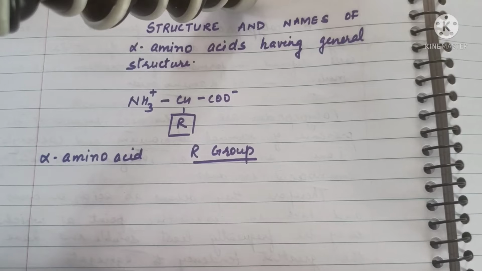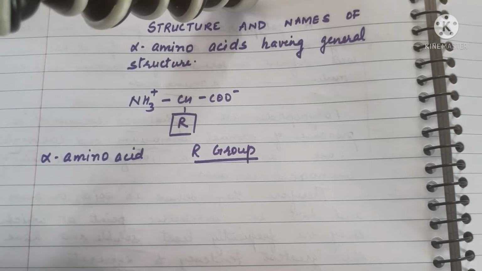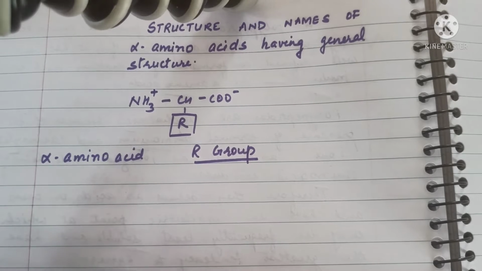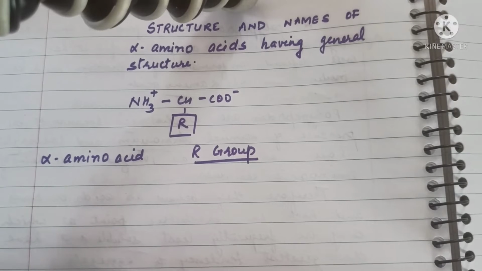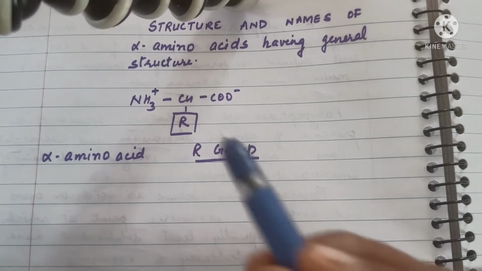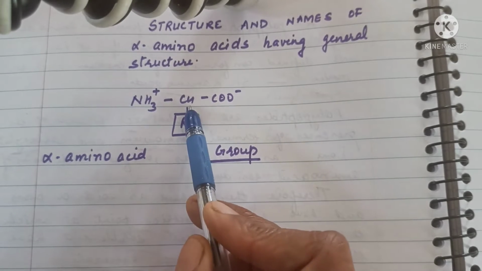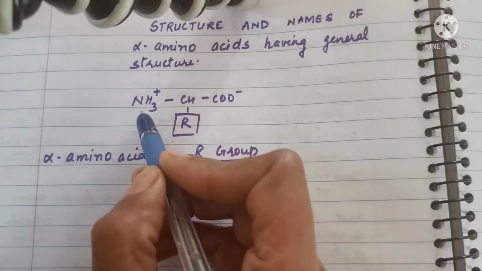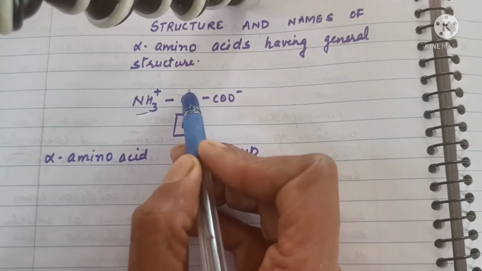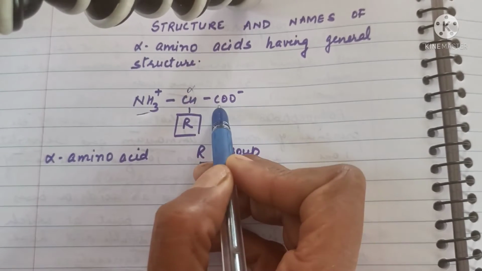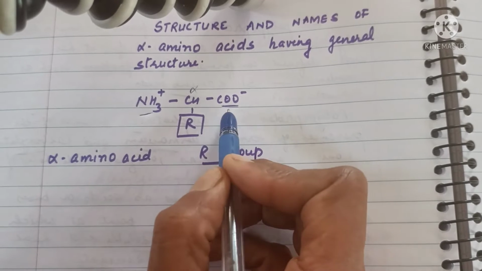Today we will learn how to write the structures of the 20 amino acids that appear in nature. To write down the structures, the general formula is: an amino acid has an amino group attached to the alpha carbon atom next to the carboxyl group.